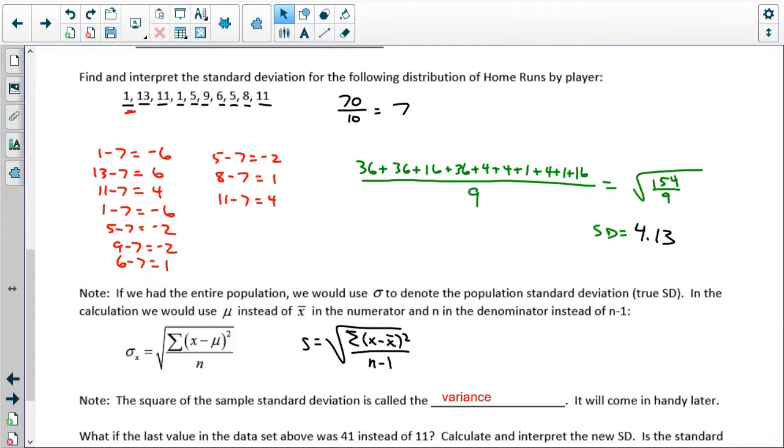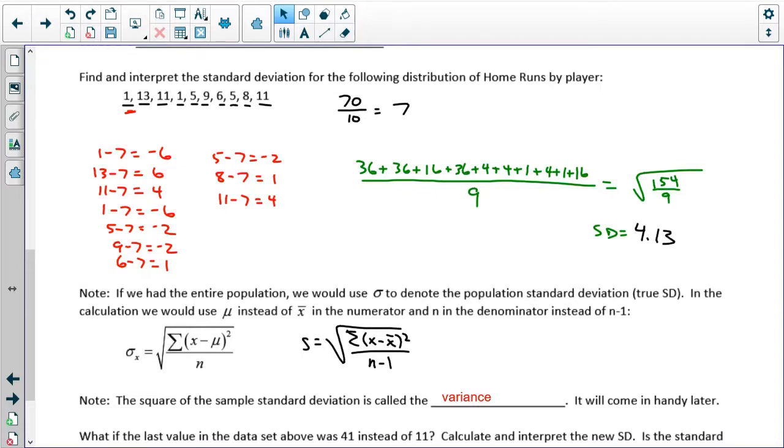So what the standard deviation of 4.13 means is that we have a typical player, a mean number of home runs for a player is 7, but that doesn't mean that all the players have 7 home runs or anything. So the standard deviation is telling us that while the mean number of home runs is 7, the typical player tends to have 4 or so more or 4 or so less home runs than the average.